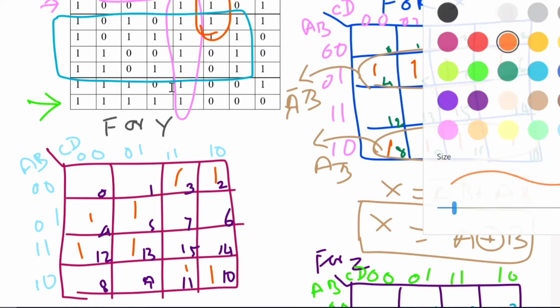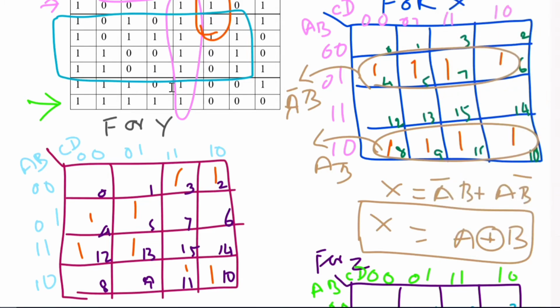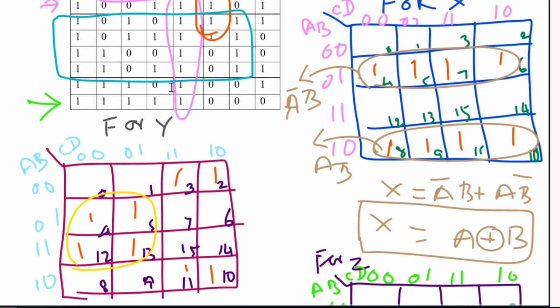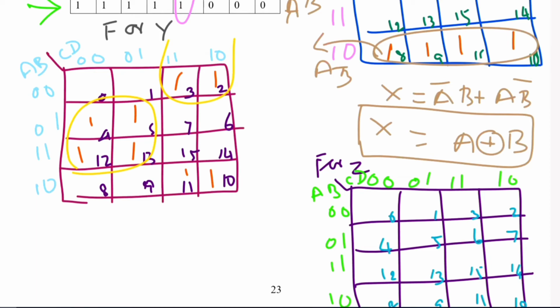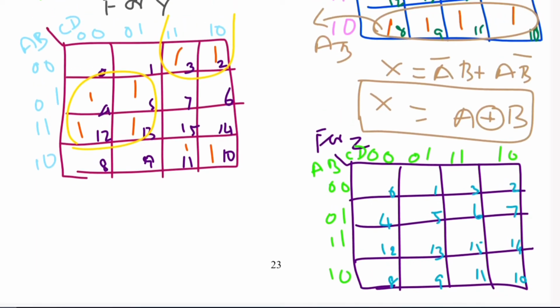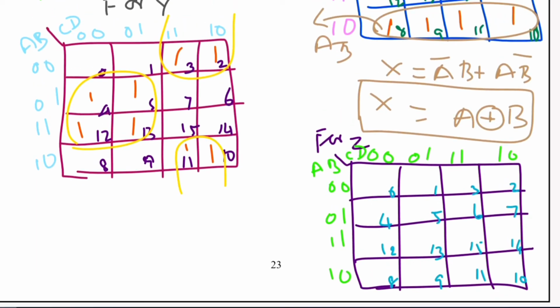How to group the same? So while grouping, group it here and group here. And a group here. So what is the expression for Y? Now Y is equal to, here how can we write?